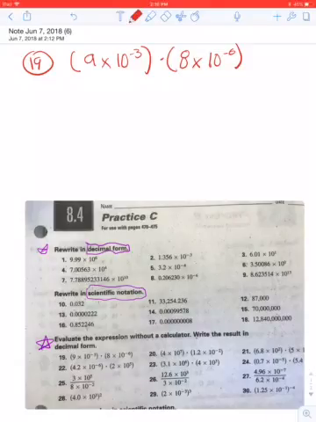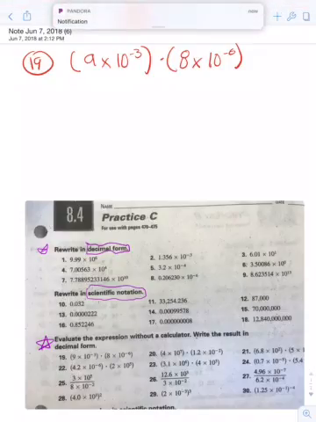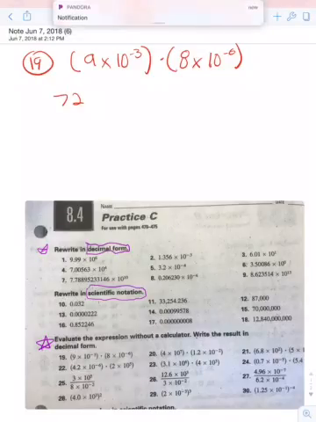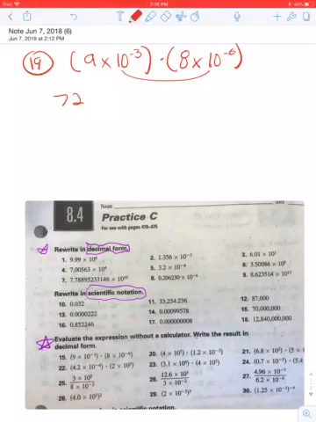So I think some of these showed up on quizzes a while back, and I may have made it around to explain it to a few of you guys. But we go 9 times 8, and then we have to go 10 to the negative 3rd times 10 to the negative 6. So just picture this in your head. This is like what we've been doing the last few days. So the base number of 10 is the same, which means we get to add the exponents. And that would give us times 10 to the negative 9th.